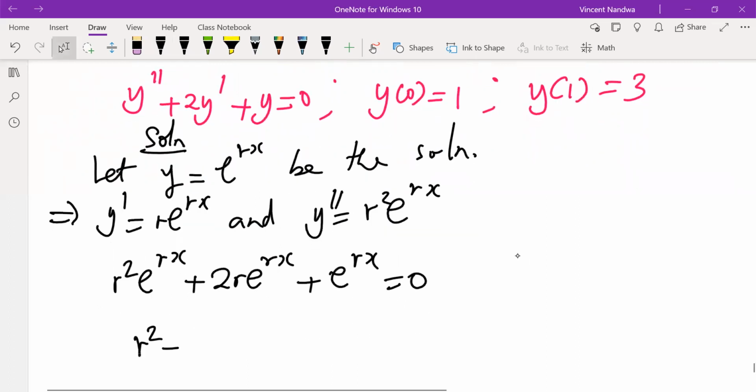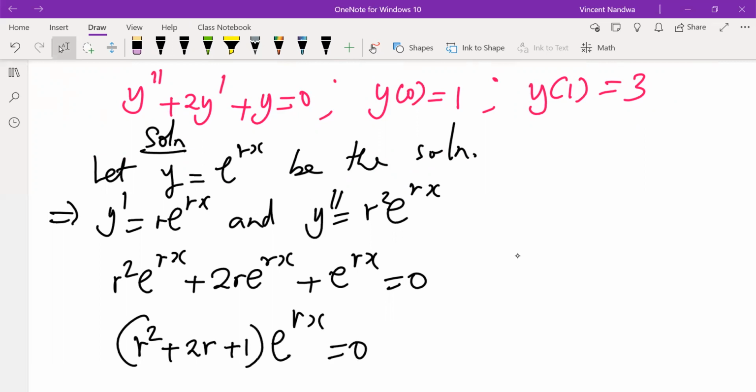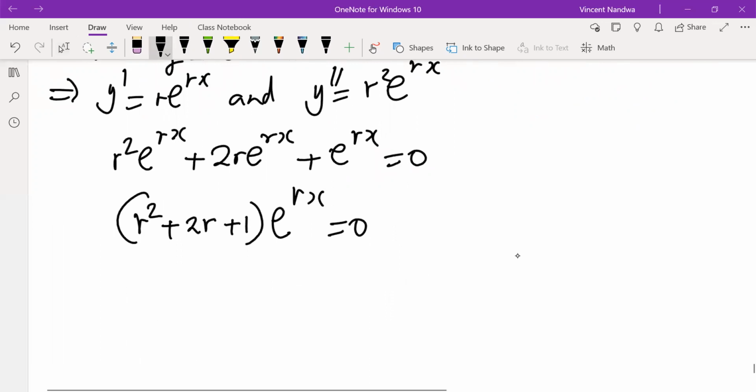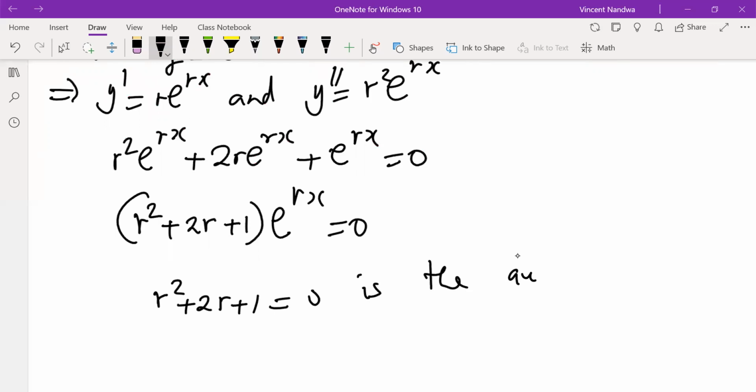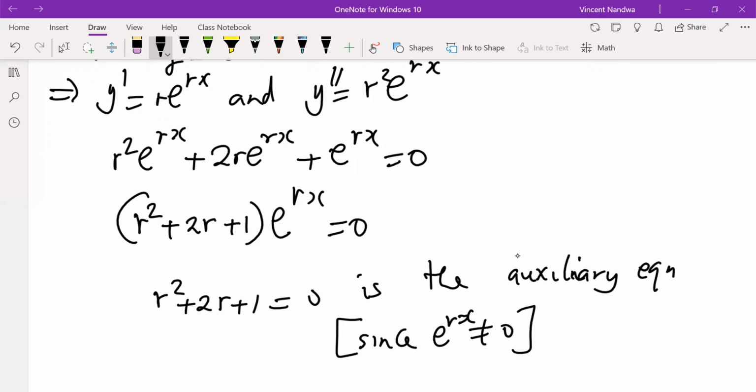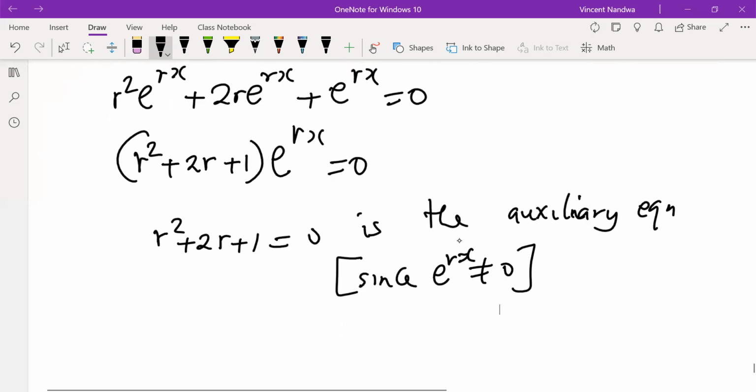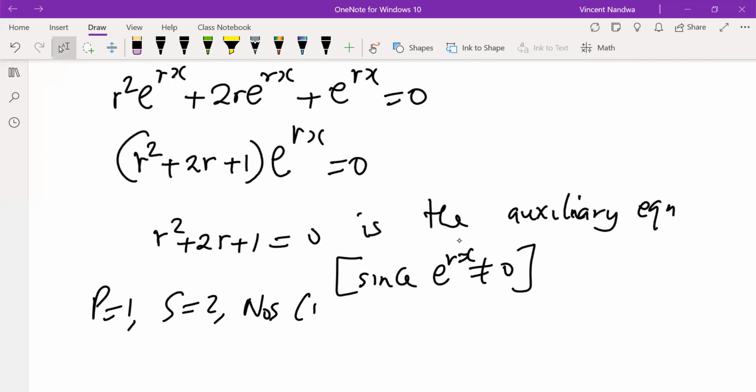So we have r squared plus 2r plus 1 times e raised to the power rx equals 0. Now, r squared plus 2r plus 1 equals 0 is the auxiliary equation, since e raised to the power rx is always non-zero. Now, product 1, sum 2: numbers 1, 1.